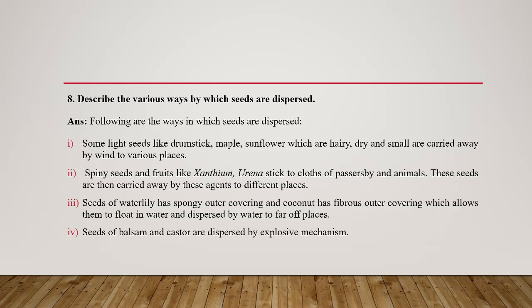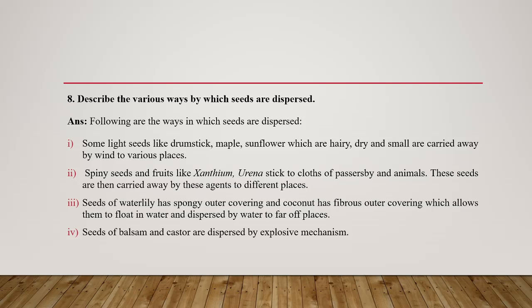Next question, describe the various ways by which seeds are dispersed. Now before that we must know what seed dispersal is. After the development of the seed, instead of falling in the same place, it is dispersed everywhere.